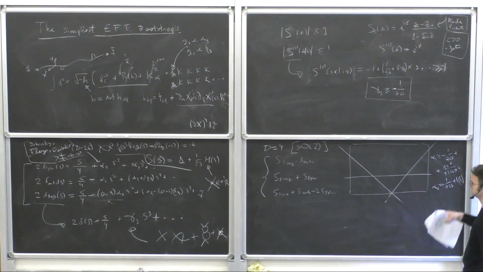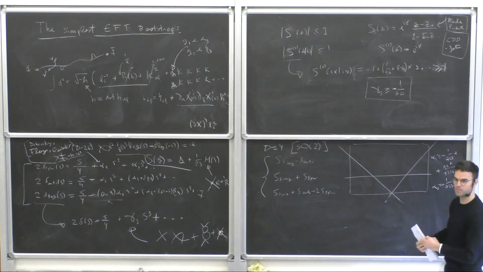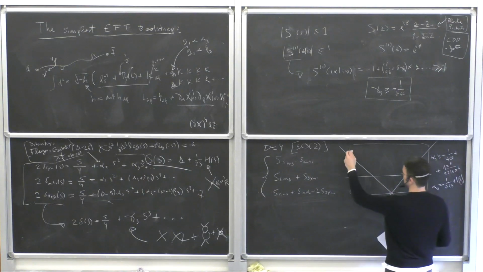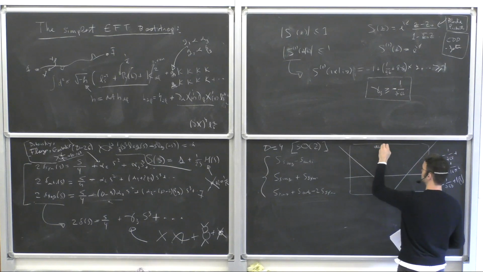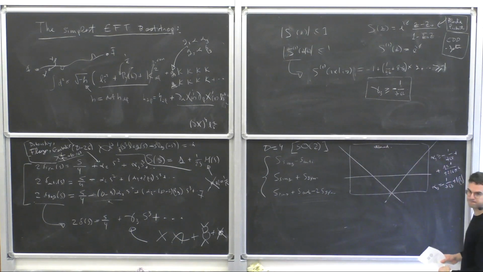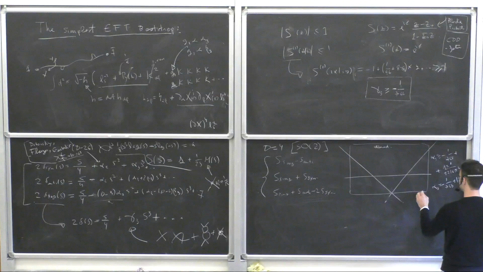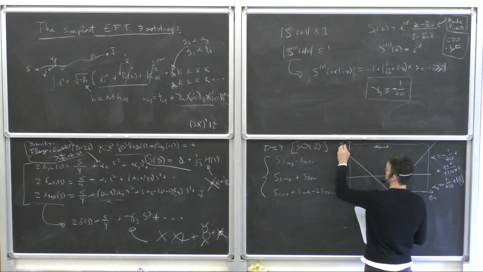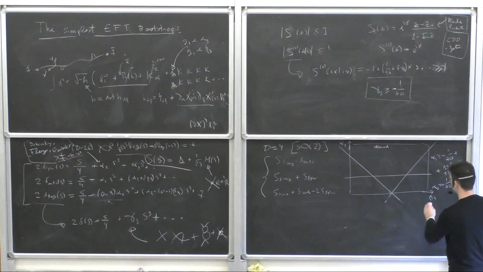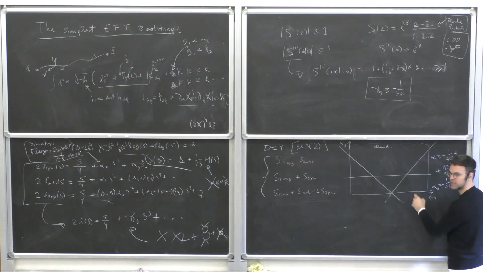This gives you 2 lines, these 2 lines over here. So from this calculation, you learn that this is the allowed region. This is beta 3, alpha 3. And this is for 4-dimensional flux tubes.